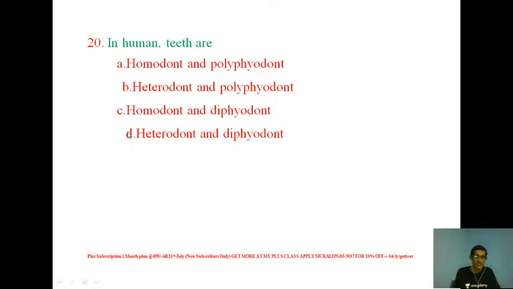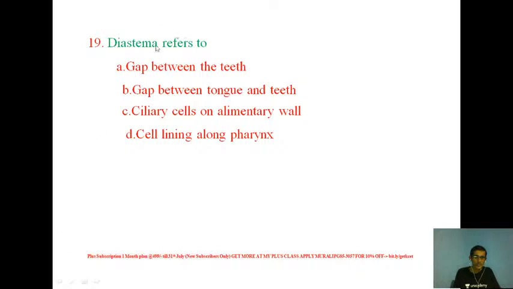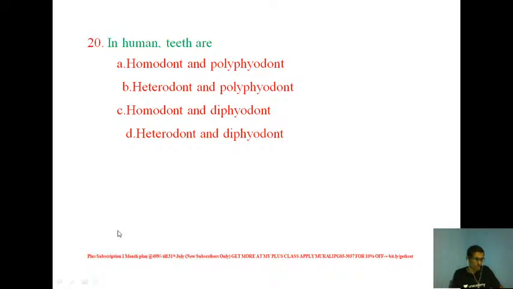Yes, it is the gap between the teeth. Naturally, there should not be a gap between the teeth in the jaw skeleton. Usually it is a complete setting, but sometimes you can observe a gap. That phenomenon is called diastema, under our dental formula and dental structure. Okay. Next question, question number 20.